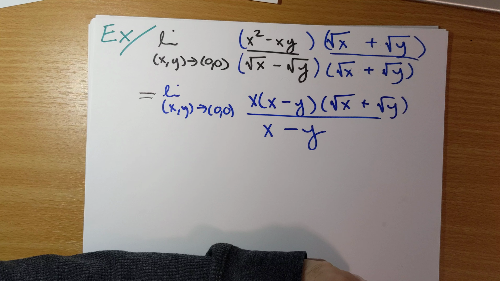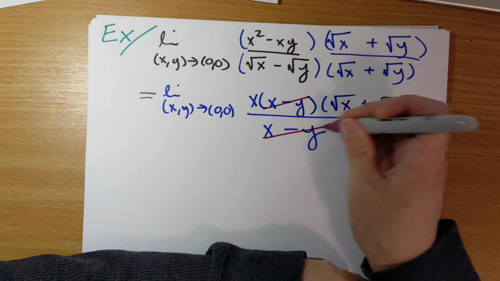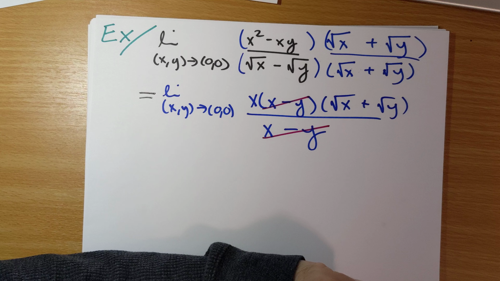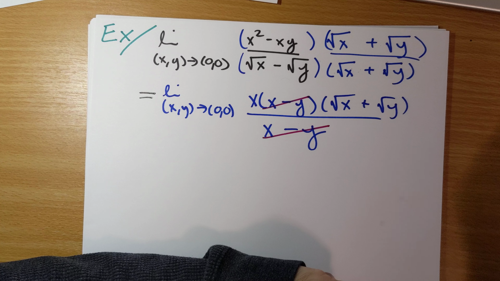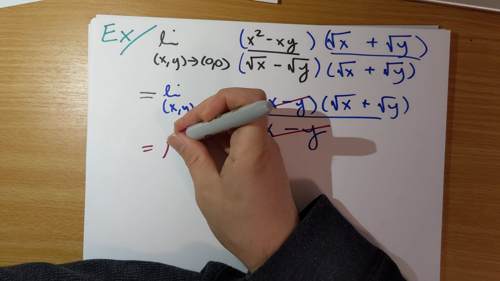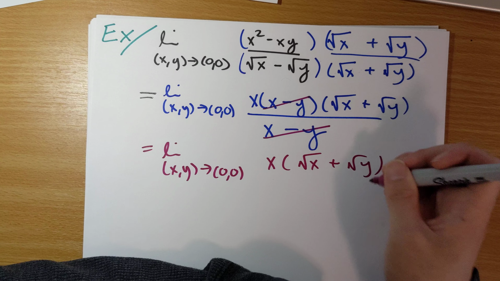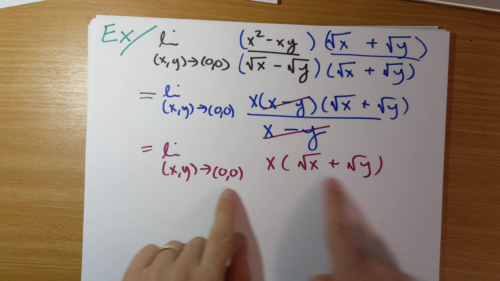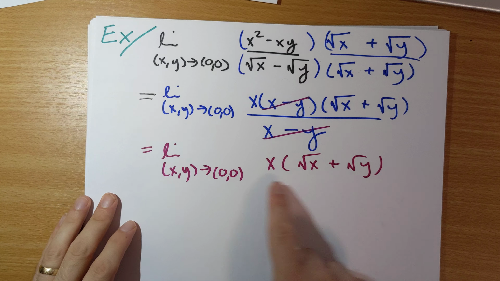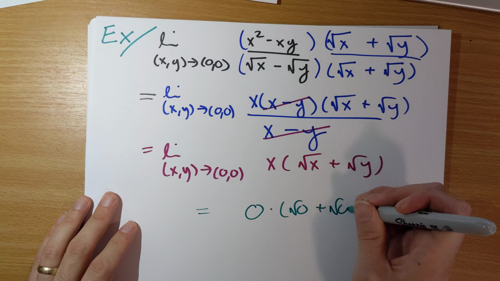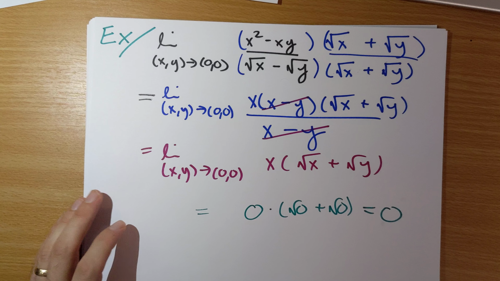At this point, the eagle-eyed among you should realize those factors can cancel out. And so we are left with the limit as (x,y) goes to (0, 0) of x times (square root x plus square root y). Now this is very easy to evaluate. We can just do this with substitution. In fact, this is just going to be 0 times (square root 0 plus square root 0). I think that's 0.